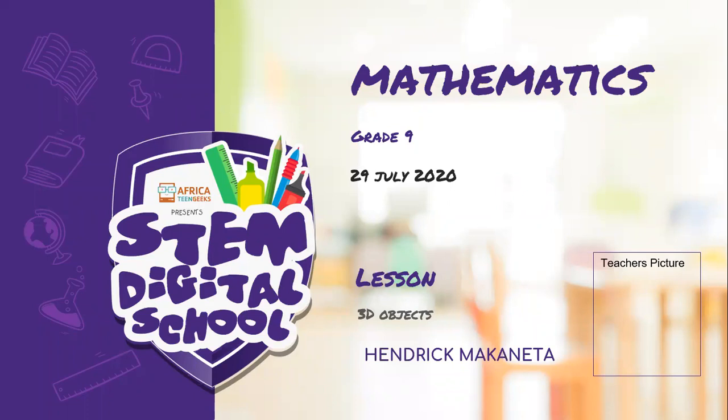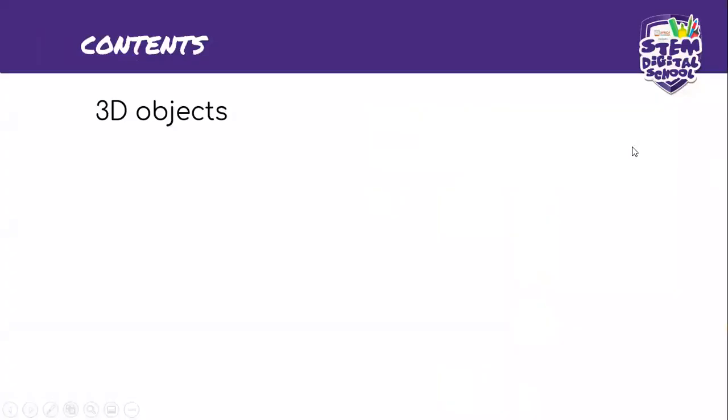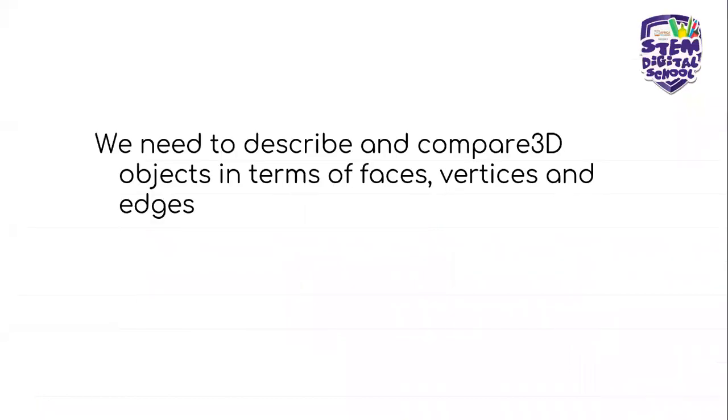So first things first, I'm just going to zoom directly into the first slide. It talks about the 3D objects which we have defined so far, and today we will be taking it further.